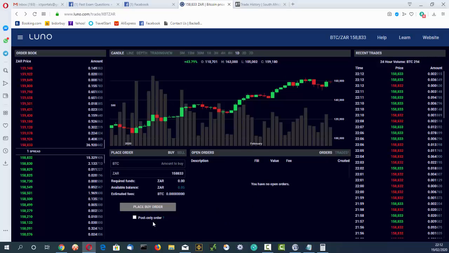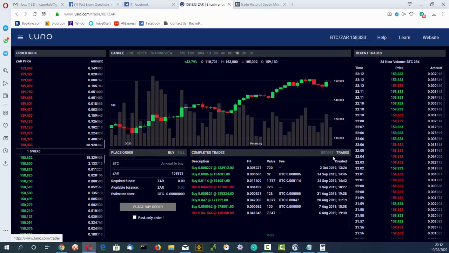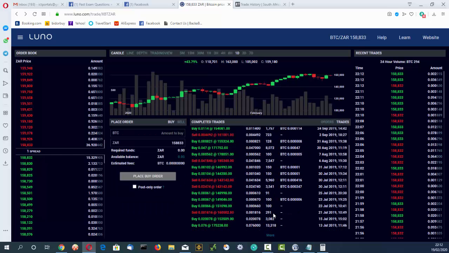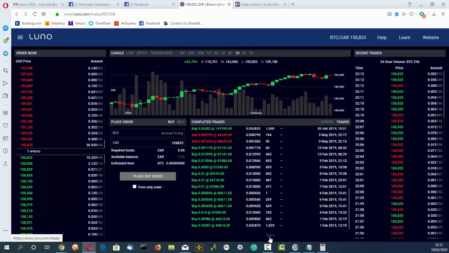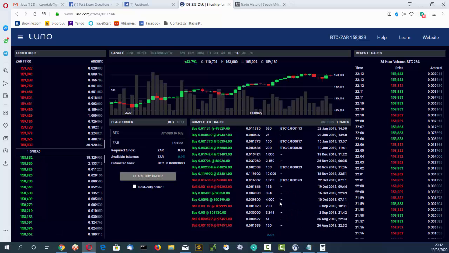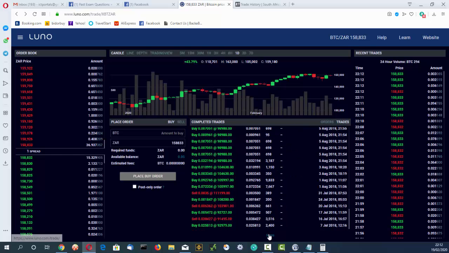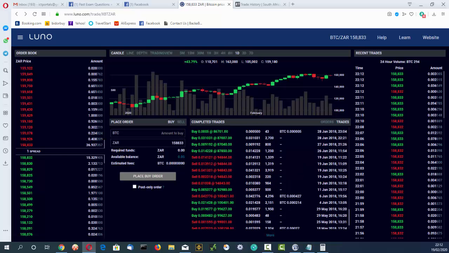And on Luno, let me see my trades here. I will have traded up to 2 or 3 million here as well. So if you see, these are my trades. Everything I'm explaining here is what I've understood very well.